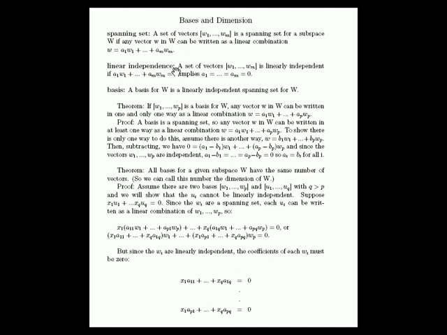Okay, linear independence, that we defined way back in chapter 1. A set of vectors is linearly independent if the only linear combination equal to the 0 vector is the trivial one where all the coefficients are 0. And a little more intuitive definition of linear dependence is that at least one vector in the set can be written as a linear combination of the others.